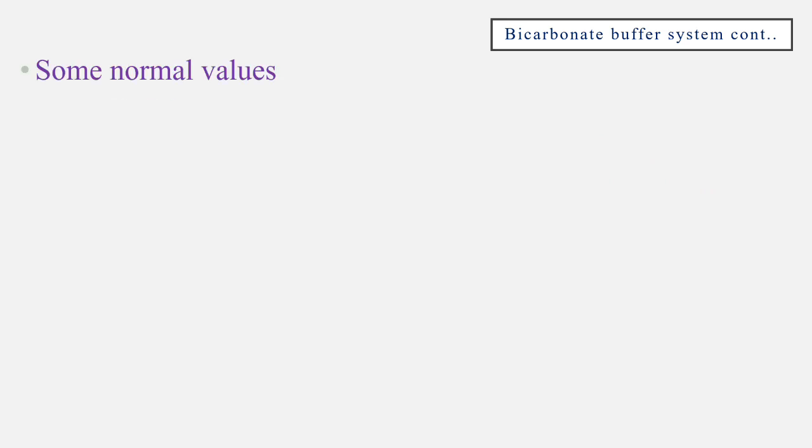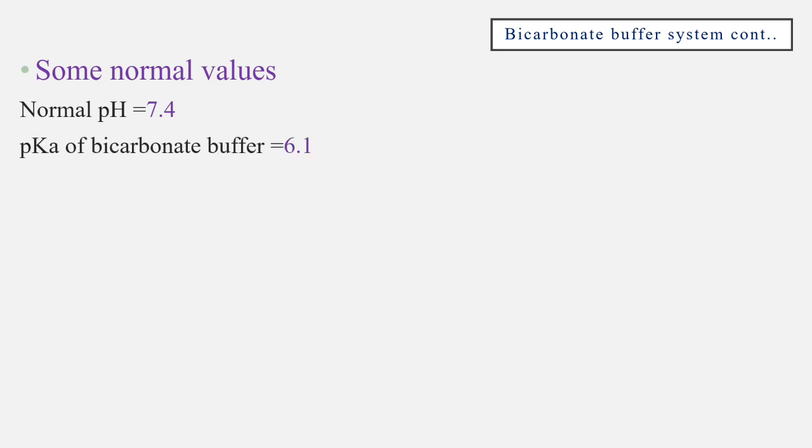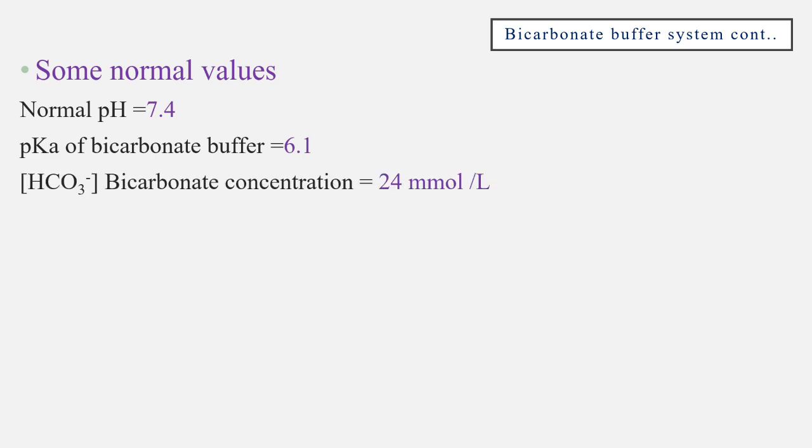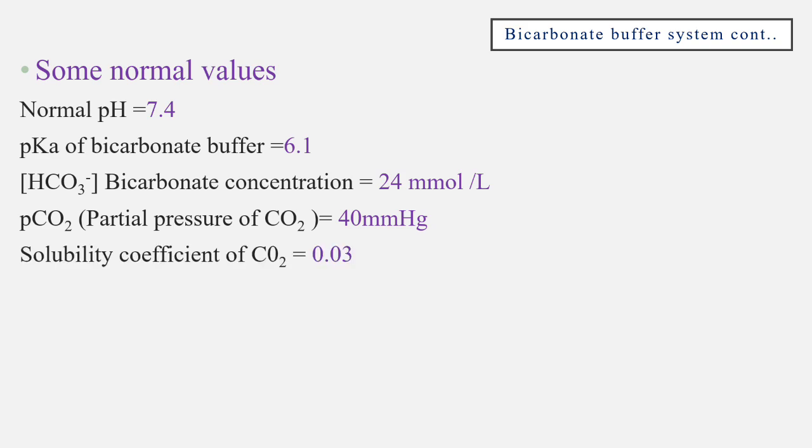Some normal values: normal pH is 7.4. The pK of the bicarbonate buffer is 6.1 and the bicarbonate concentration is 24 millimoles per liter. The partial pressure of carbon dioxide is 40 mm Hg. The constant for carbon dioxide is 0.03.